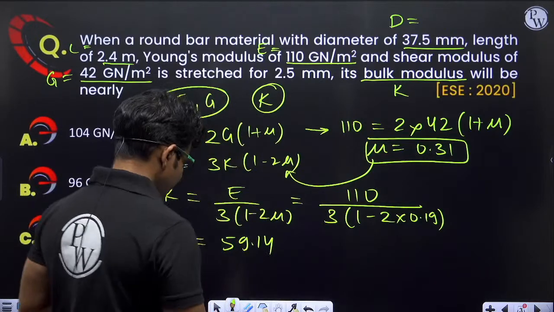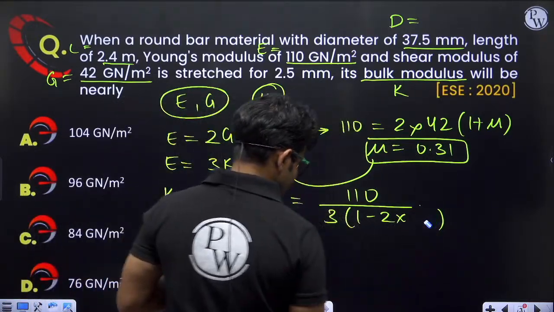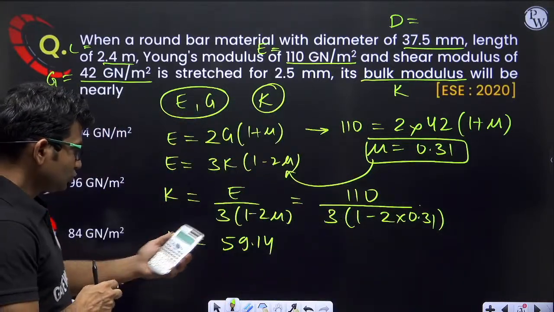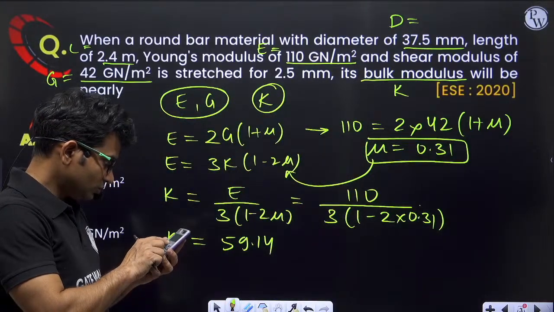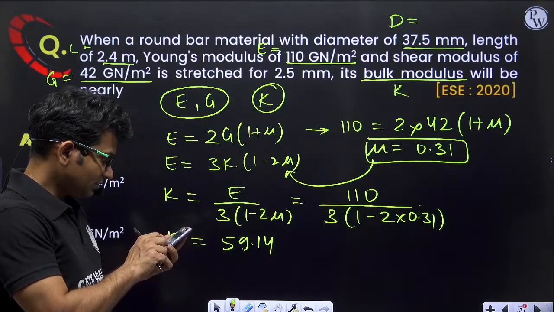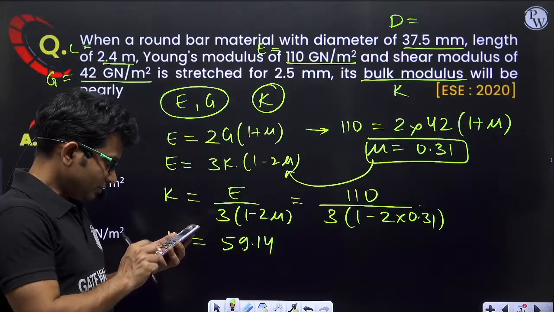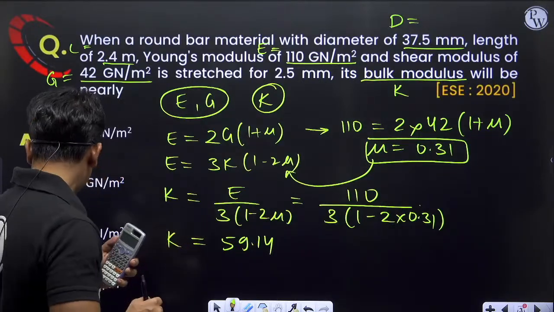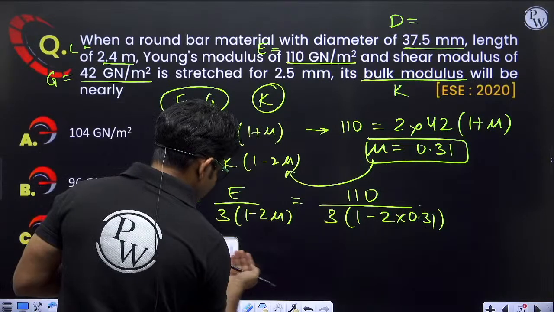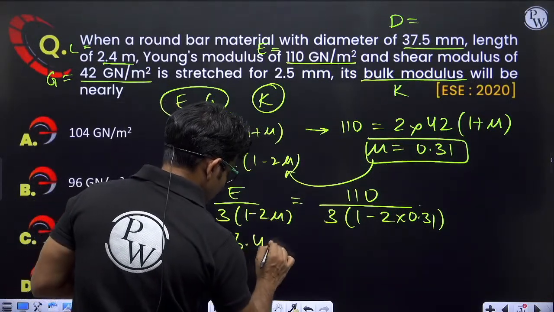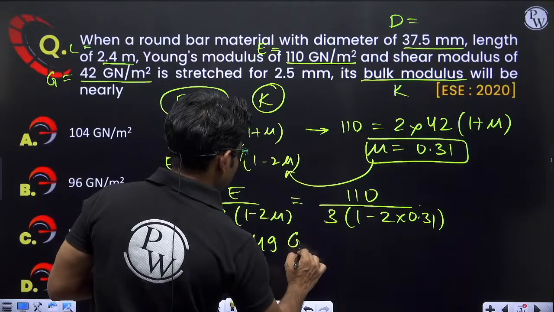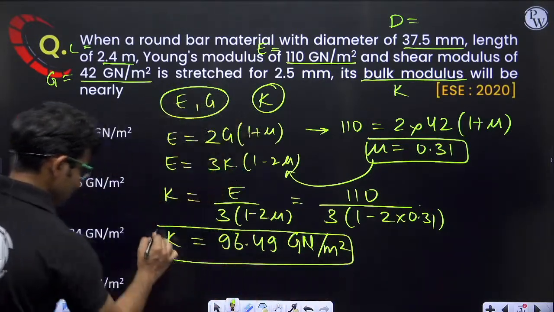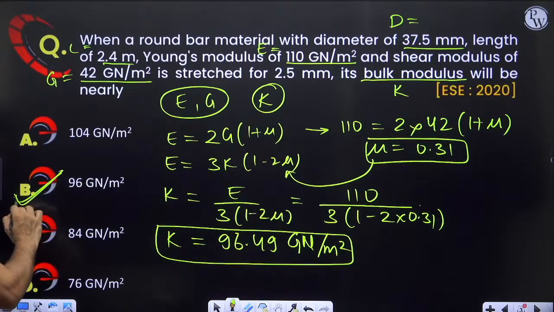Mu is 0.31. If I put 0.31 here, 110 divided by 3 into (1 minus 2 into 0.31), we get 96.49 giganewton per meter square. So this will be the correct answer. The correct answer is option B.